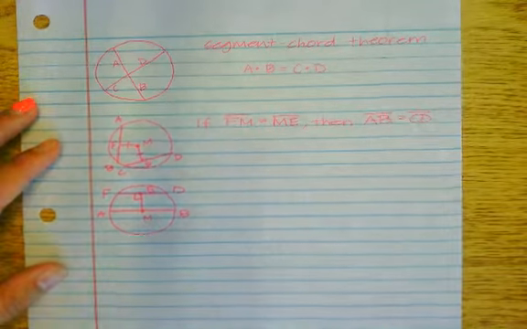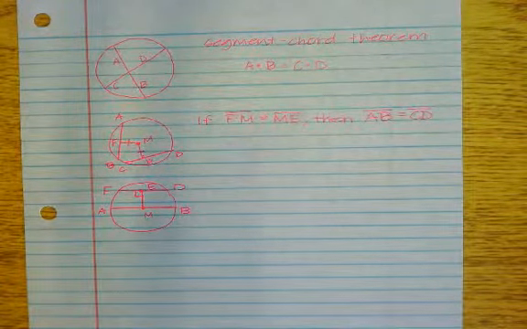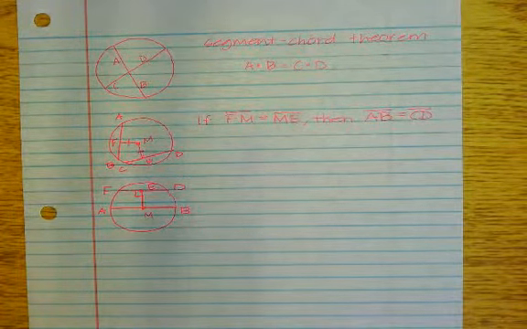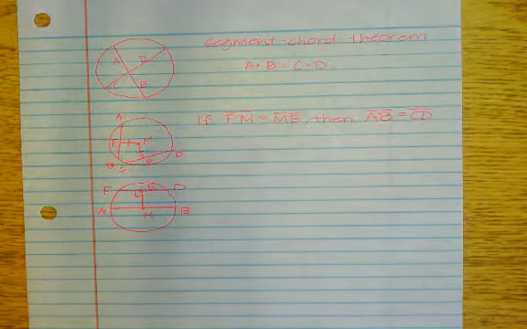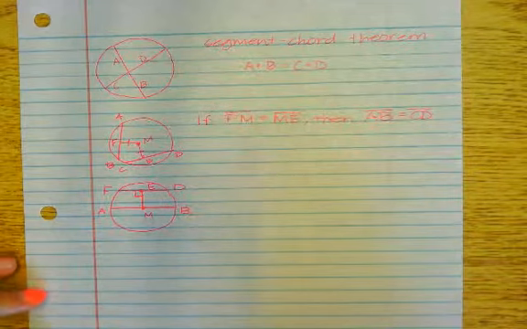If the diameter is perpendicular to a chord, then it bisects the chord and the arc.